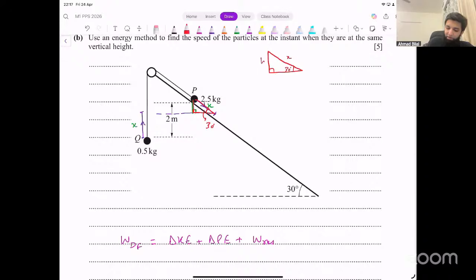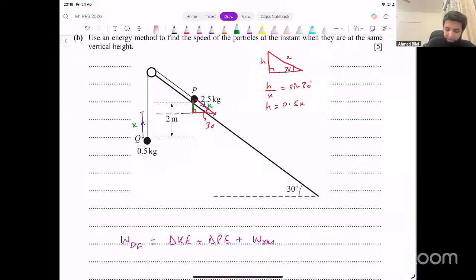And we want to find this H, the height that reduces for the particle P. Can we find H in terms of X? Perpendicular over hypotenuse, what's the ratio between them? Sine. H over X equals sine of 30. And that gives us that the height is sine 30, which is 0.5, so that's 0.5 times X. That's the change in height that we get.